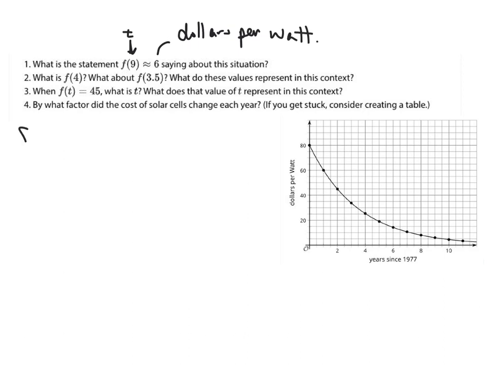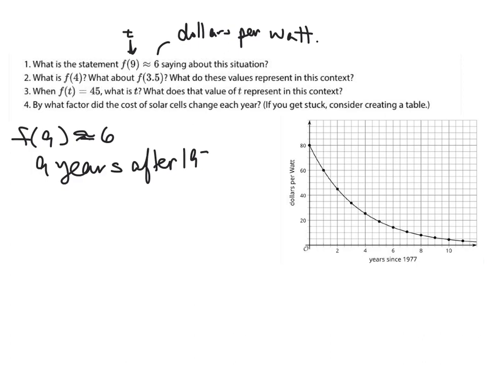So f of 9 equals 6, or is approximately 6, would be at 9 years after 1977, which is 1986. The cost in dollars for 1 watt of solar energy was about $6.